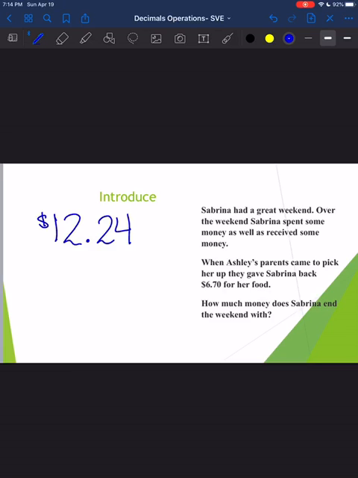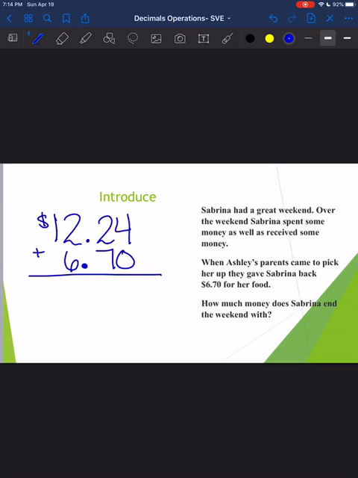Now this, once again, you have to make sure your decimals are aligned. So I'm going to put my decimal down. And then I have my 70 with the other tenths place and the other hundredths place, as well as my 6 because it is in the ones place as well. And I'm going to add because she is receiving more money.